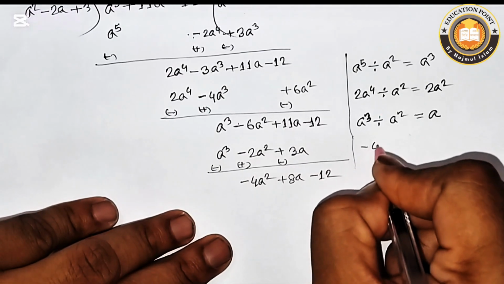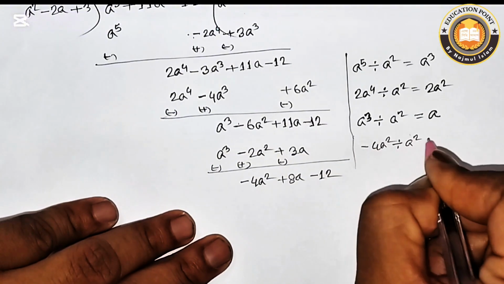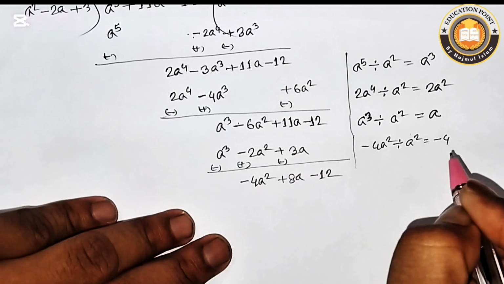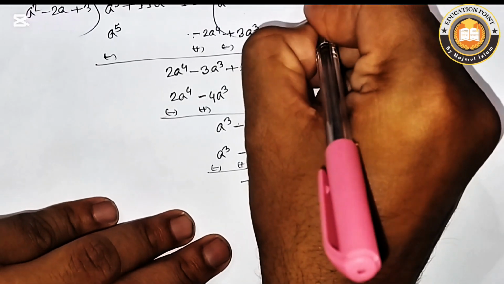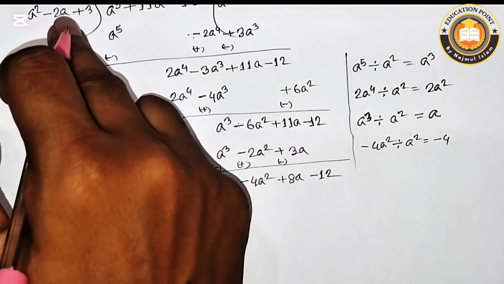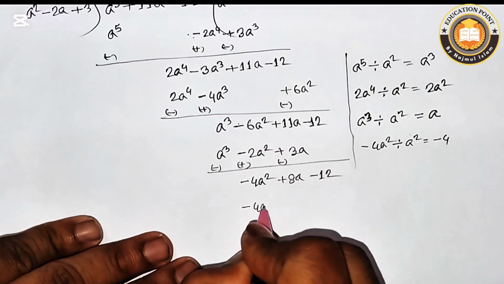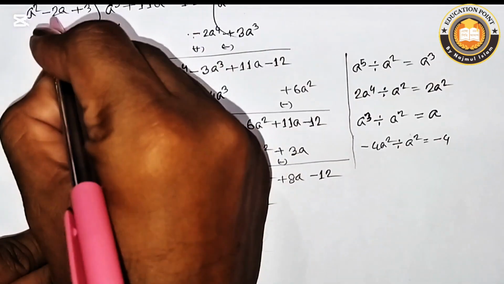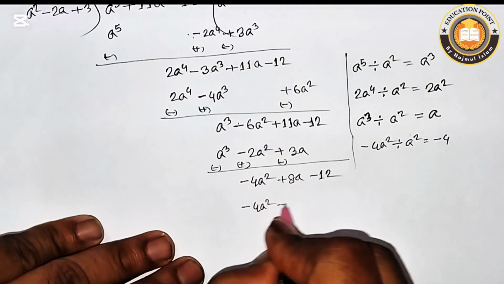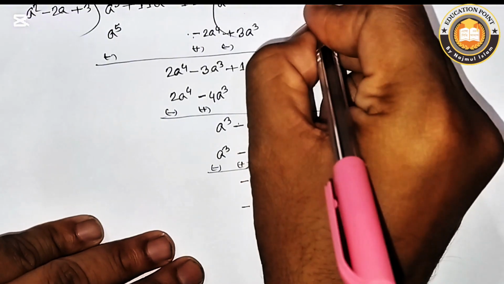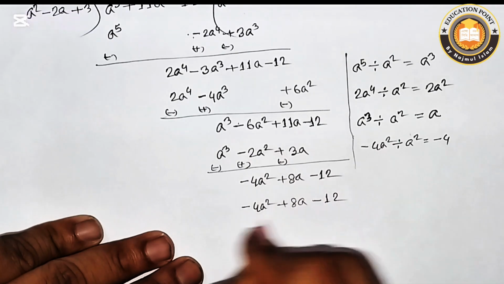Now minus 4a square divided by a square equals minus 4. Now minus 4 multiplied with a square minus 2a plus 3, that means minus 4a square, minus 4 multiplied with minus 2a equals plus 8a, minus 4 multiplied with plus 3 equals minus 12.